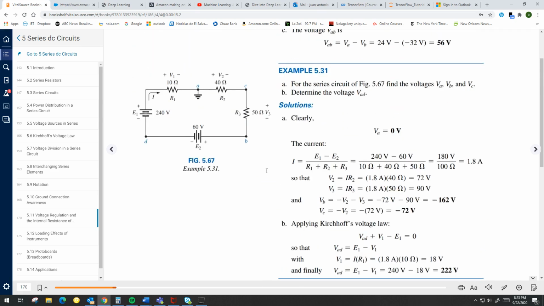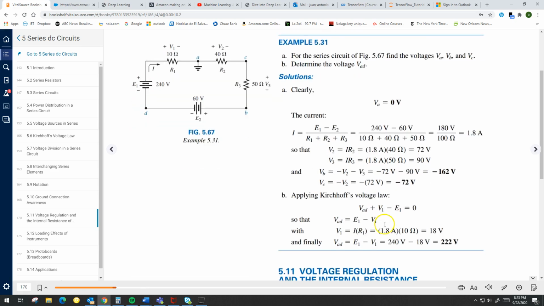Okay. And finally, VAD, if they want to know what this voltage from A to D is. We already found V1. Or we can find V1, because V1 is just the current times R1.